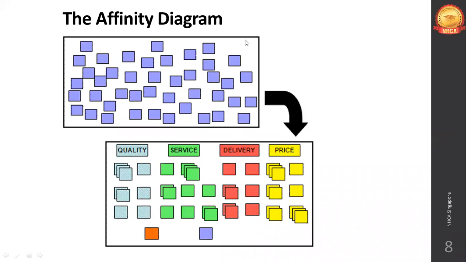Can anyone state what these images are trying to say about the affinity diagram? Sorting out different topics. Yes.